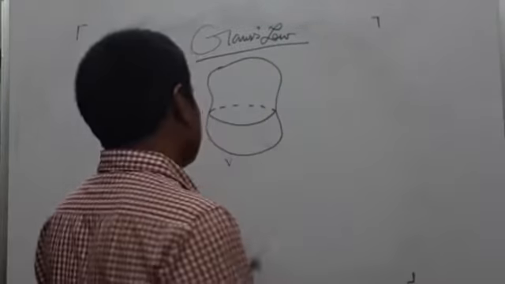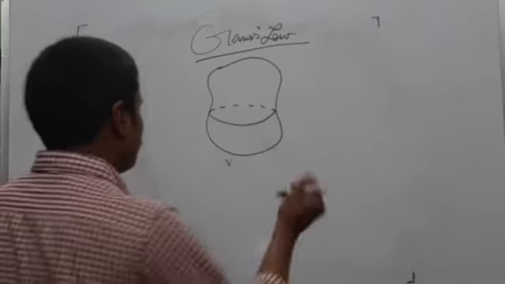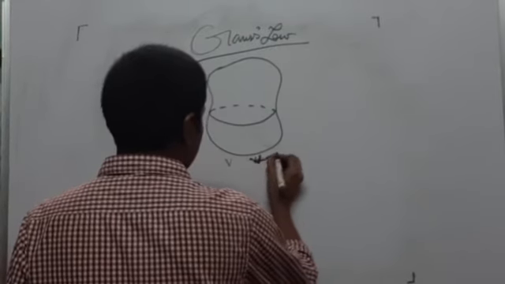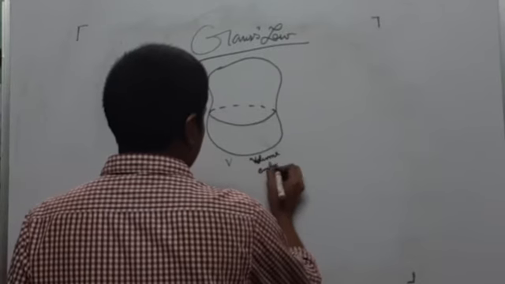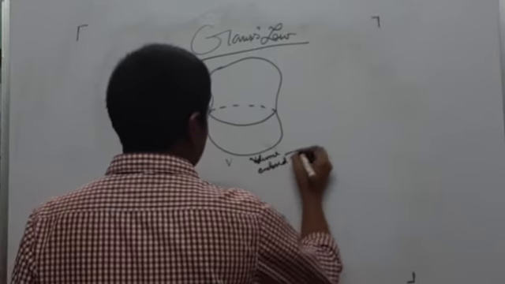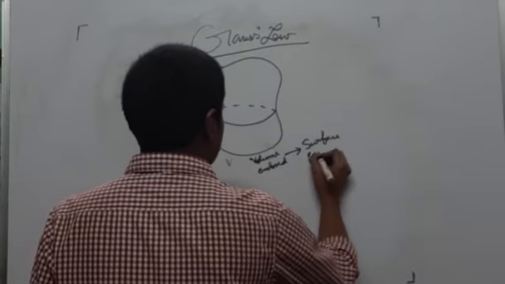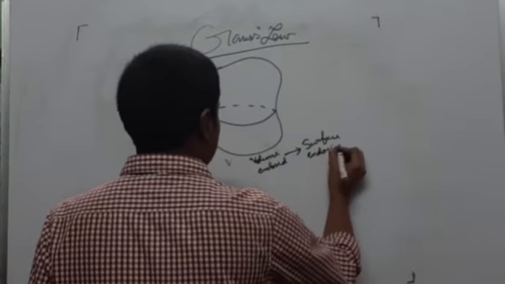And Gauss's law concerns two things. It concerns the volume enclosed by the closed surface and the surface enclosing it.